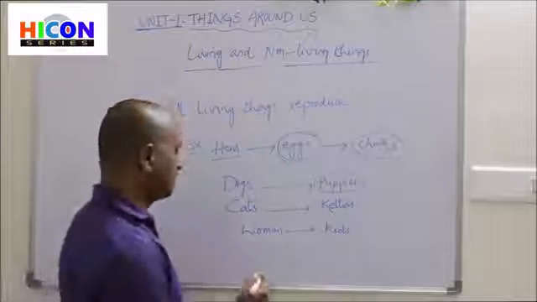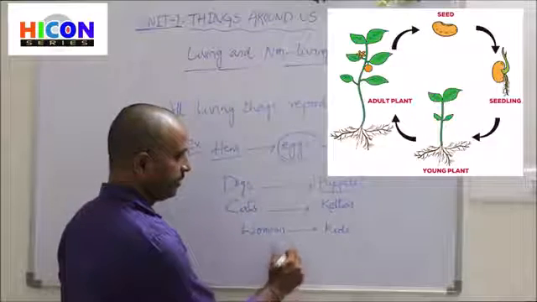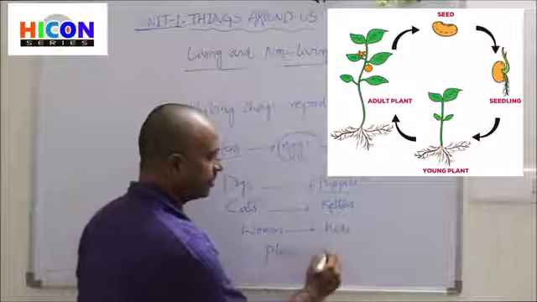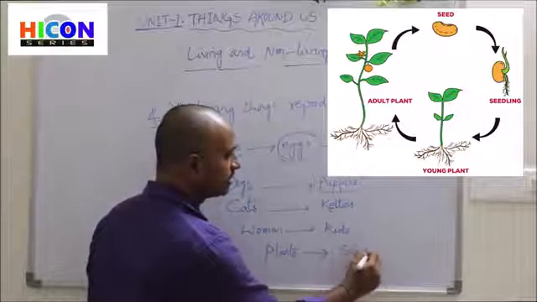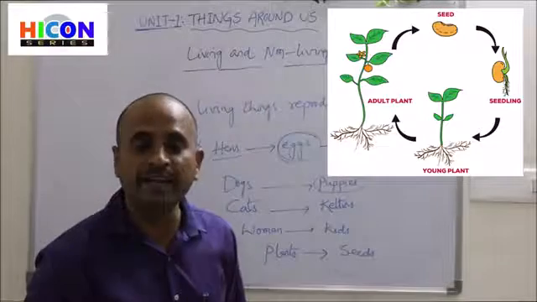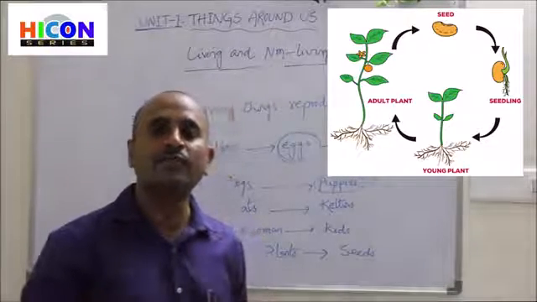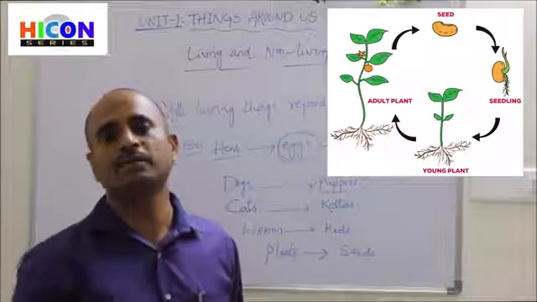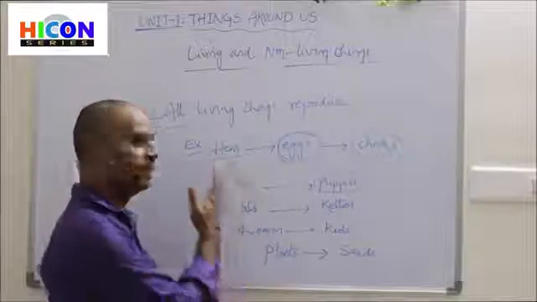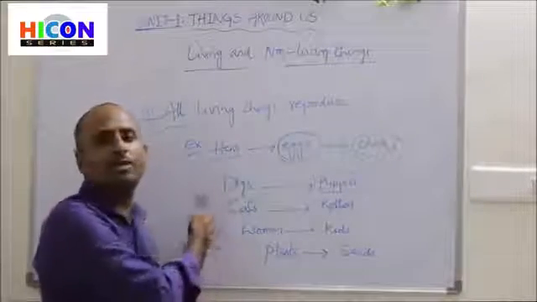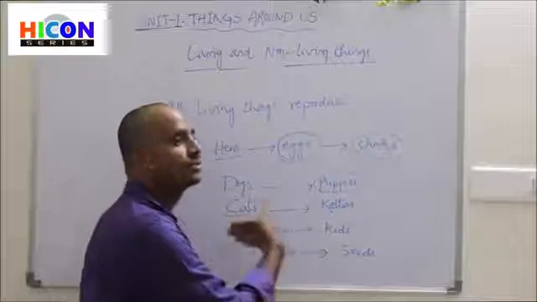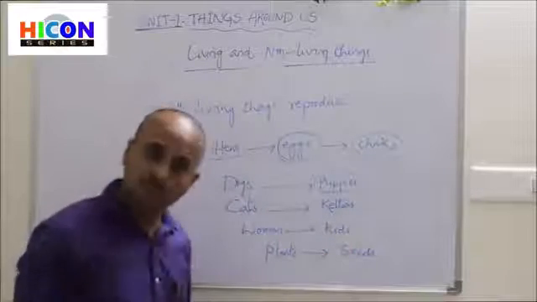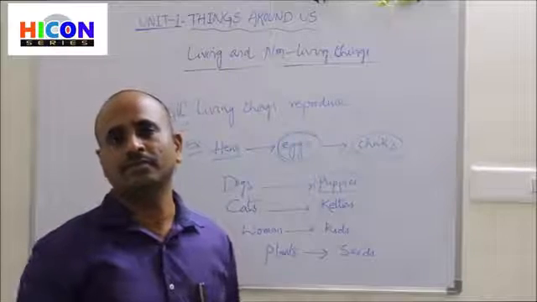Plants reproduce their new ones with the help of seeds. If we plant a seed in the soil, we will get a new plant which looks like its mother plant. In the same way, birds, animals, plants and human beings reproduce their new ones to continue their race on the earth.